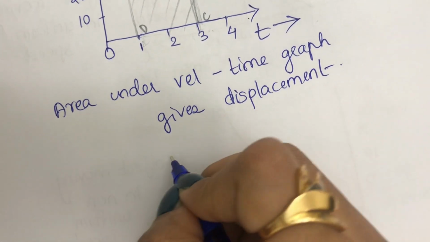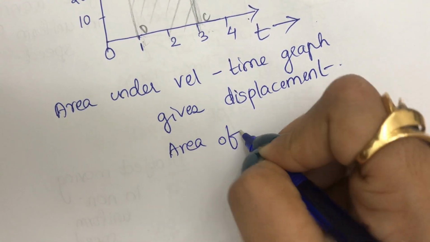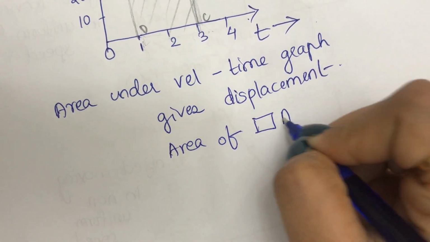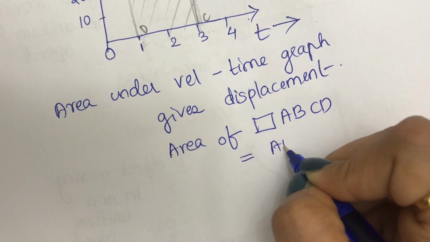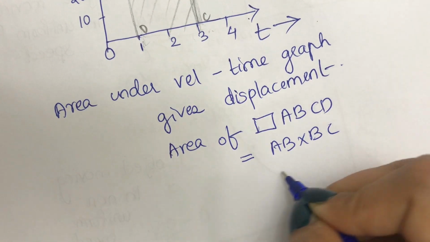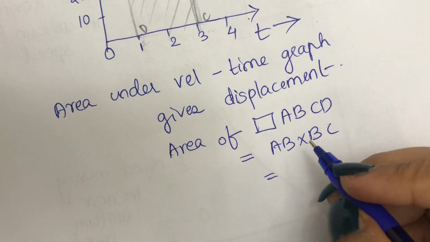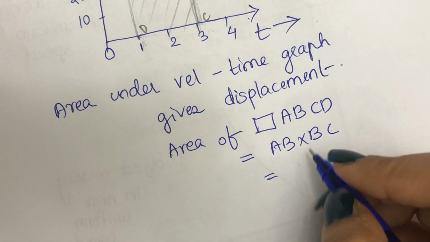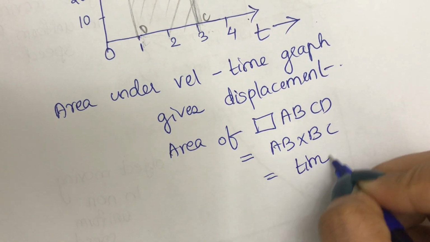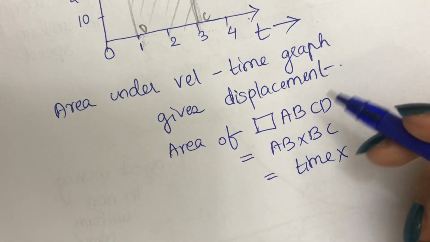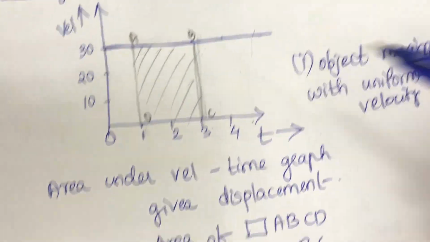The area of rectangle ABCD is equal to AB into BC. AB is time, that is, time into BC. BC gives the velocity.